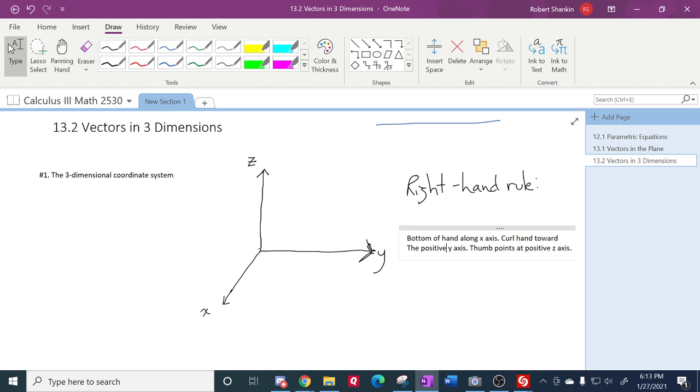That's right. Even if you didn't totally get the right hand rule, it's not going to be a big problem. If you can just set this up each time like this, y and z are on the board, and the x-axis, imagine it coming out at you. That'll be okay.